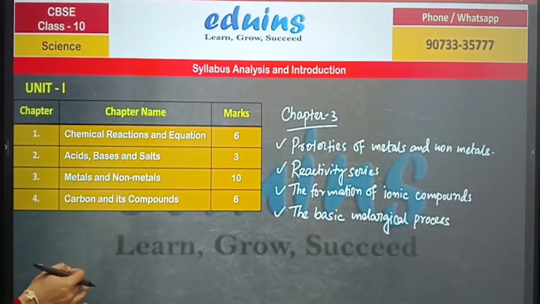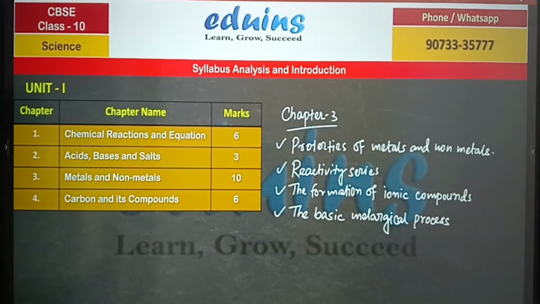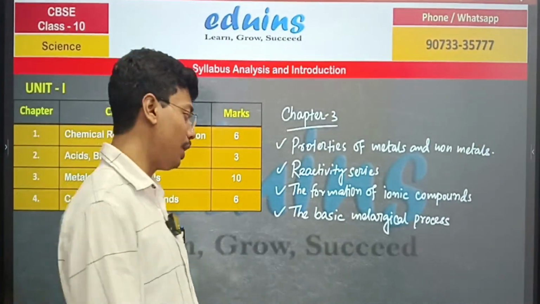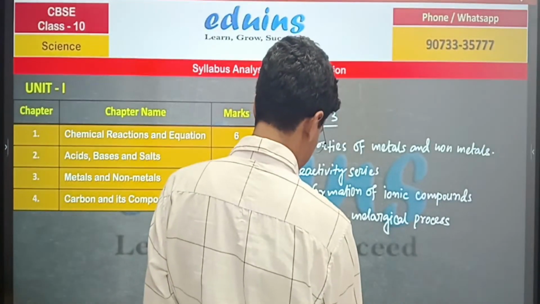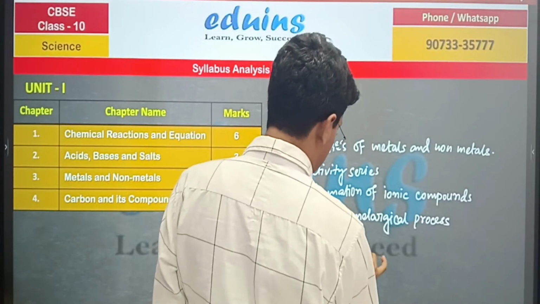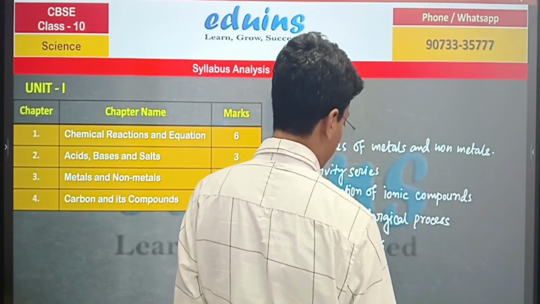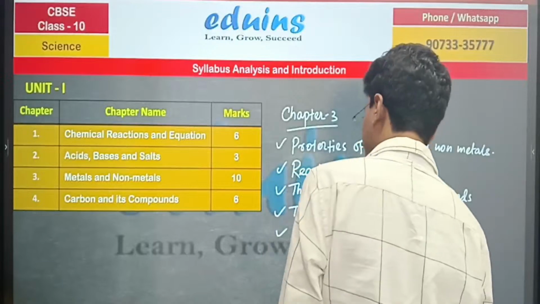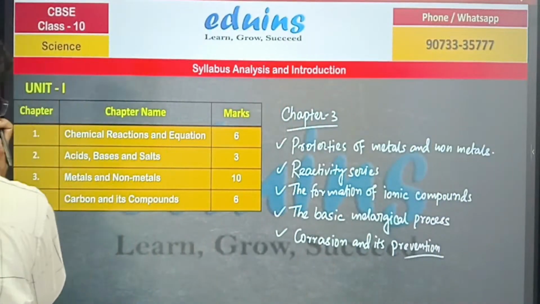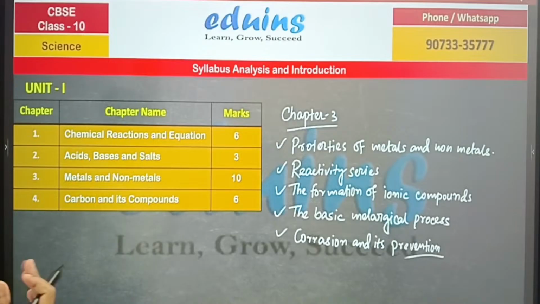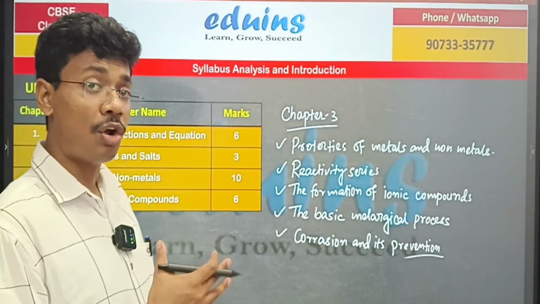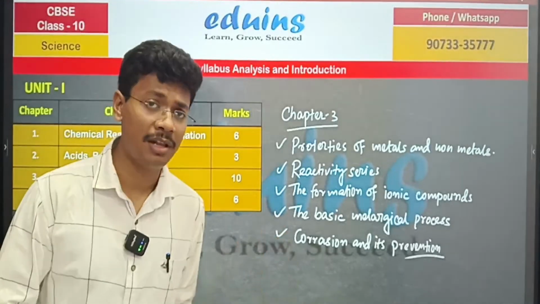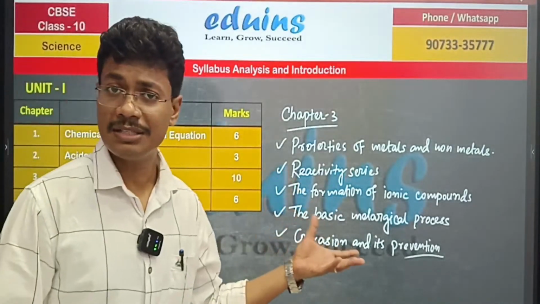Clear? And next, we will study one common natural process that is called corrosion, and its prevention. Okay, so in chapter 3 we will study these topics: properties of metals, properties of non-metals, reactivity series, the formation of ionic compounds, the basic metallurgical process, and corrosion and its prevention.